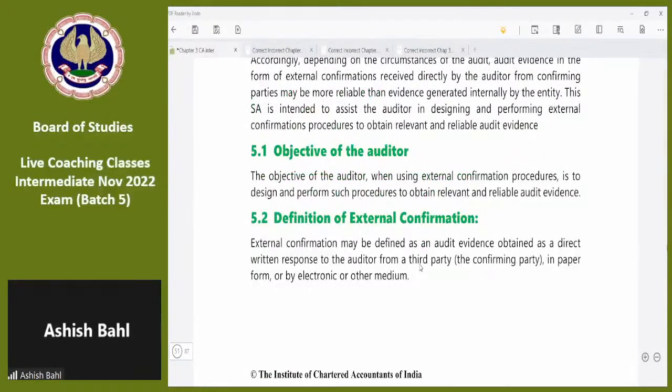So what does external confirmation mean? External confirmation may be defined as an audit evidence obtained as a direct written response to the auditor from a third party, the confirming party. It may be in paper form, electronic, or other medium.